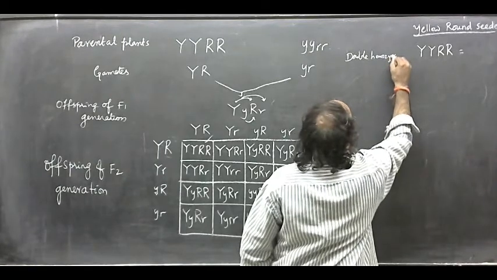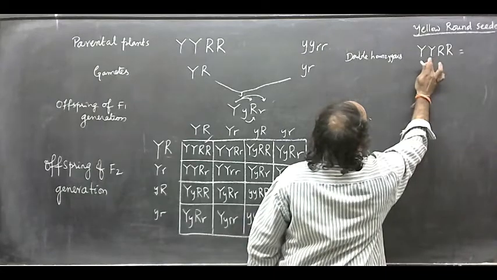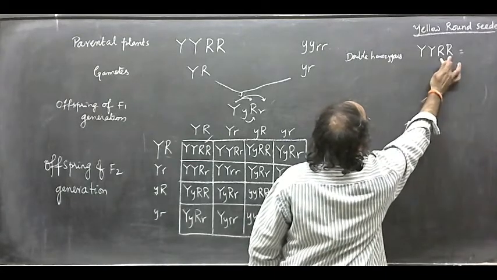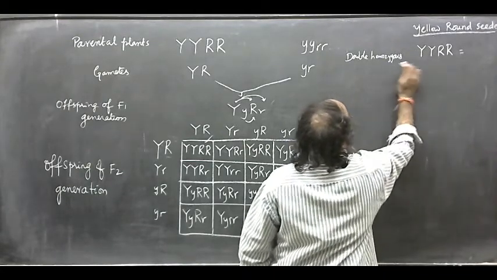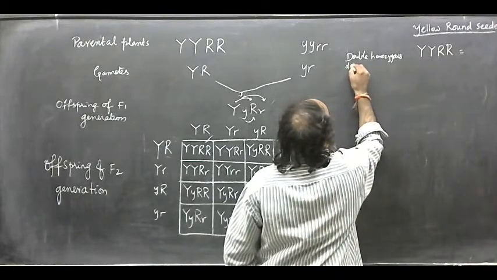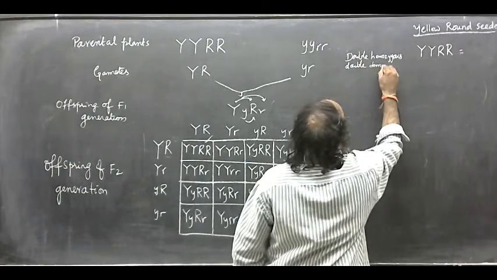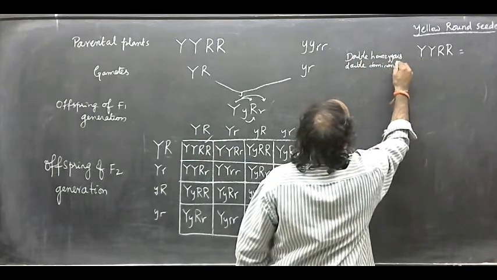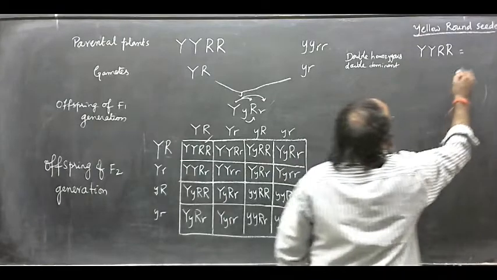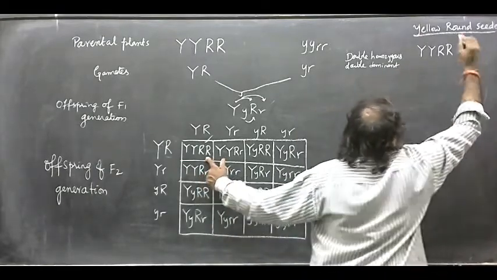Both are homozygous, and both dominant characters are expressed, therefore double dominant. Double homozygous, double dominant. So far we have seen one case here.